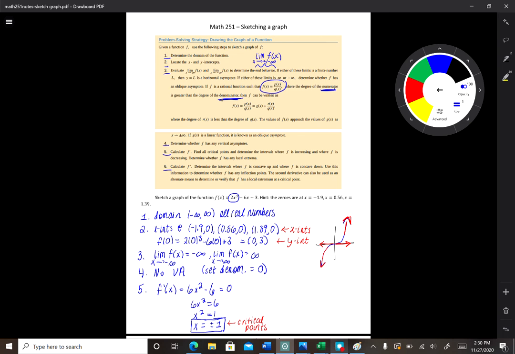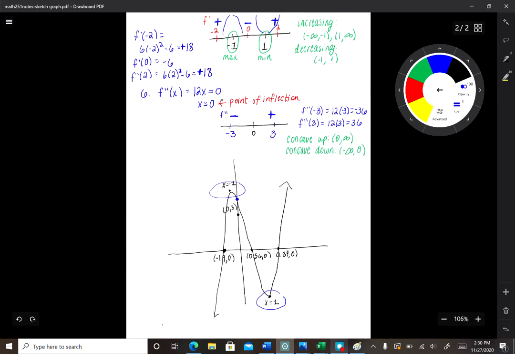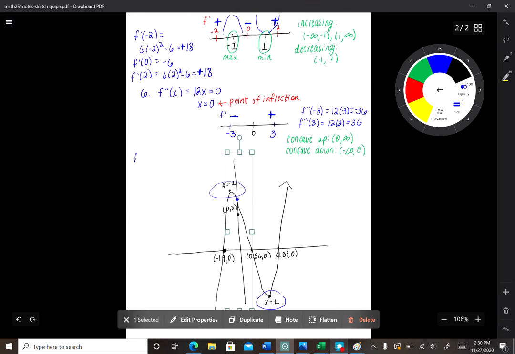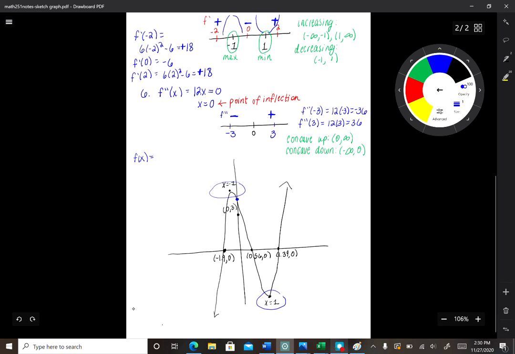Well, let's go through some examples. So if, for example, we had f of x equals 2x cubed minus 3x divided by 4x to the power of 4 plus 6x. Here, our degree on the top is less than the degree on the bottom.